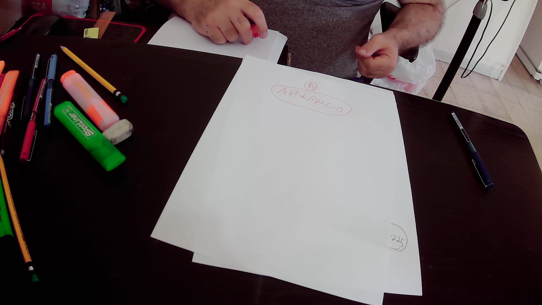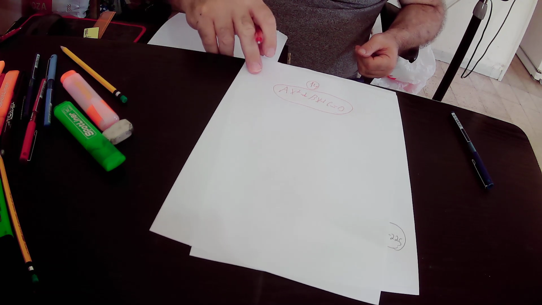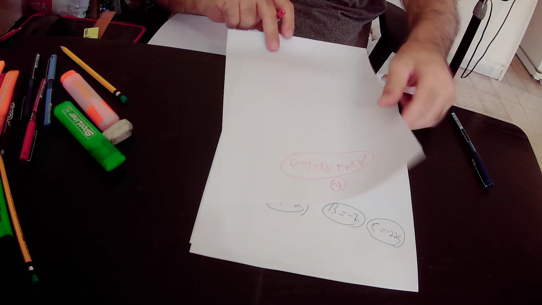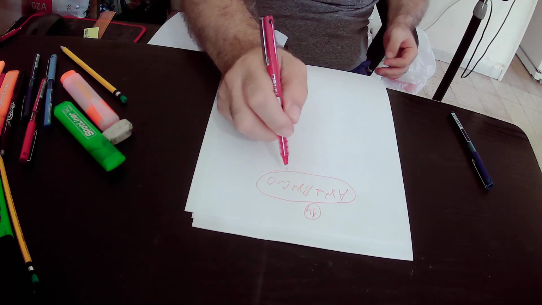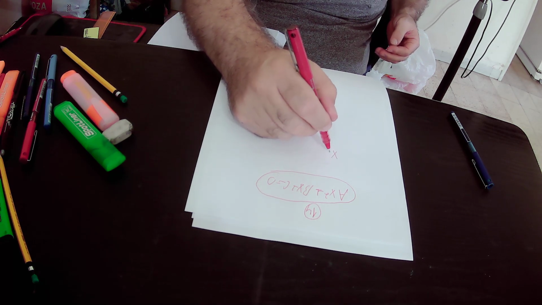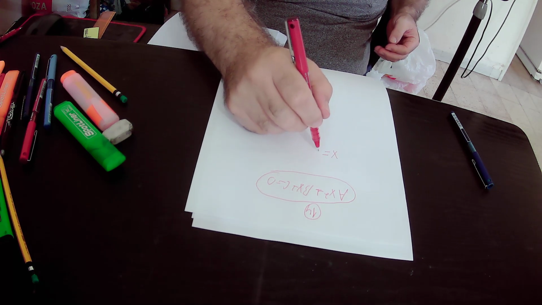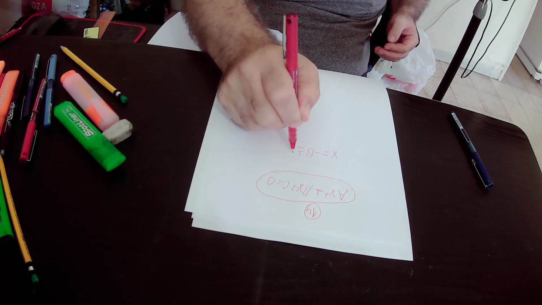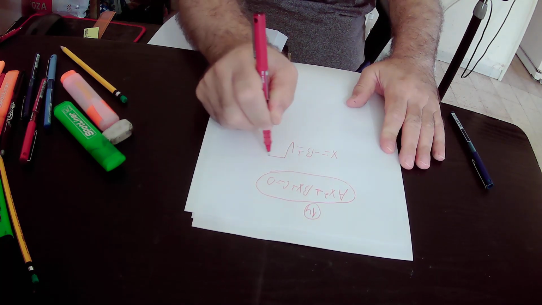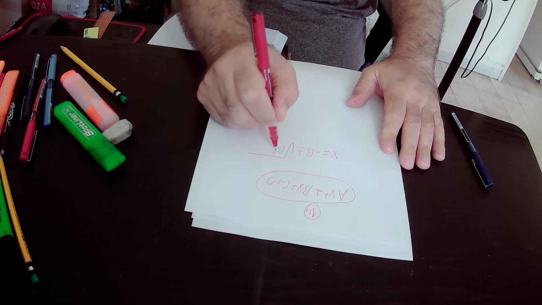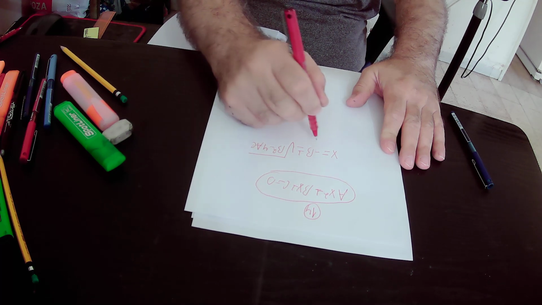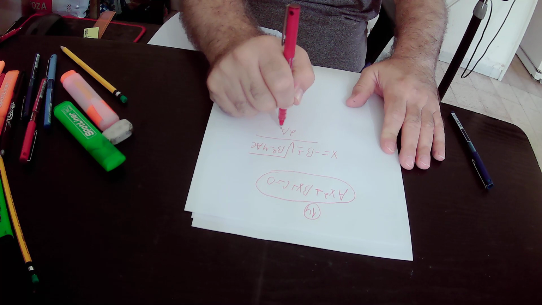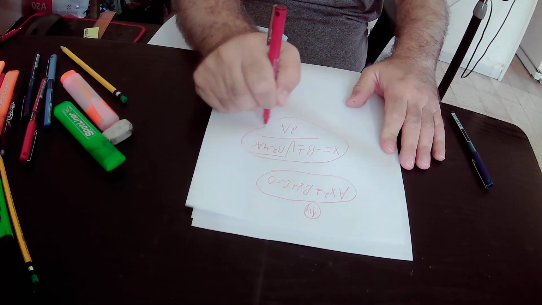We will find the variable by using a formula that states that the solution to this quadratic equation is x equals minus b plus minus root of b squared minus 4 times a times c, over 2 times a.